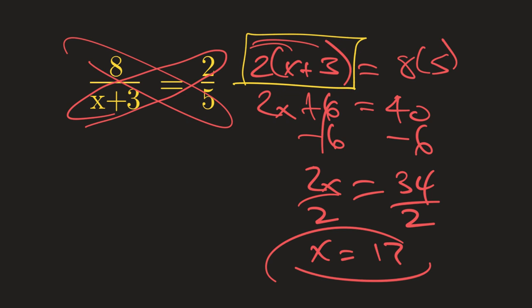Subtract 6, divide by 2, bang, done, 17. Any other questions here with this one? A little bit more involved. Okie dokie.